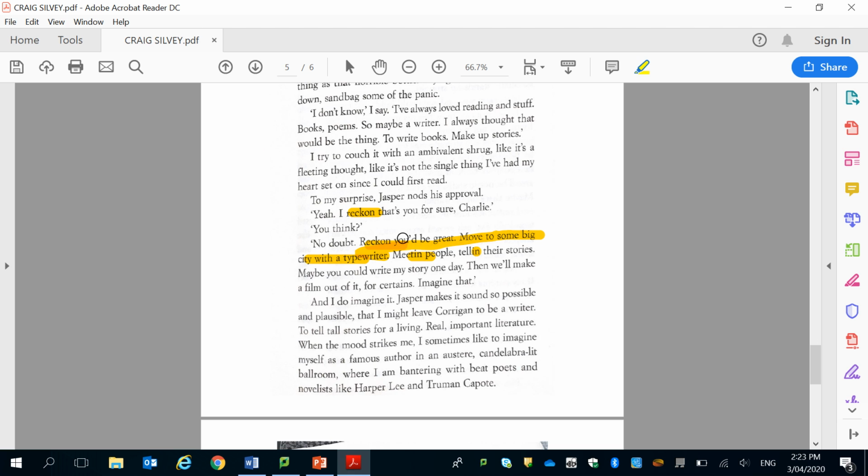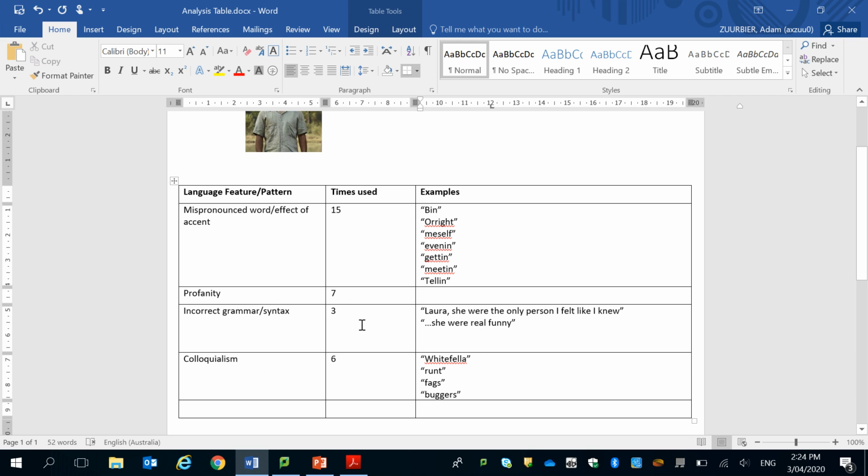What else do we have on there? So that's incorrect syntax, so incorrect grammar. No doubt, reckon you'd be great. Move to some big city with a typewriter, meeting people. Okay, so his grammar is not correctly composed. He's talking in fragments there. Okay, so let's put that in.